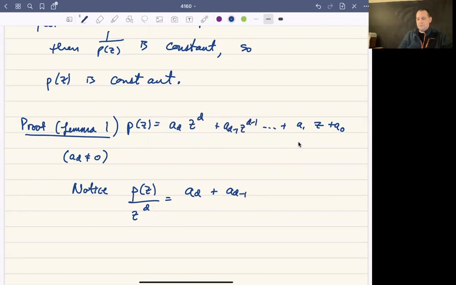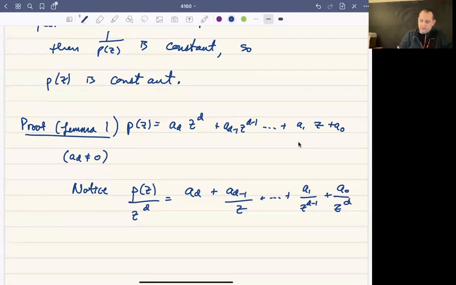If we divide by z to the d, we get a sub d minus 1 over z plus a sub 1 over z to the d minus 1 and a sub 0 over z to the d. So that's what p of z over z to the d is equal to.